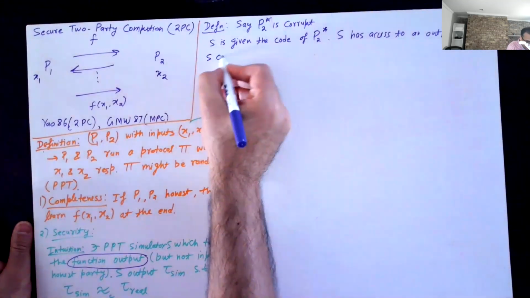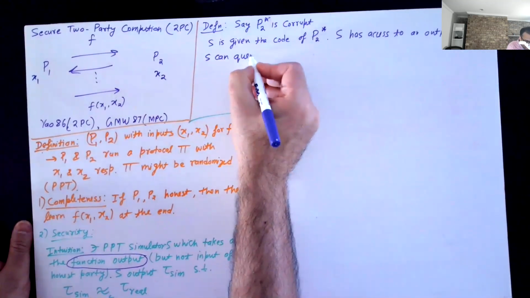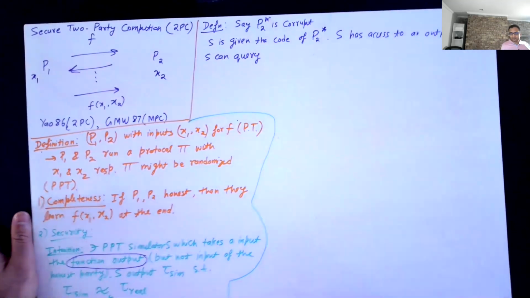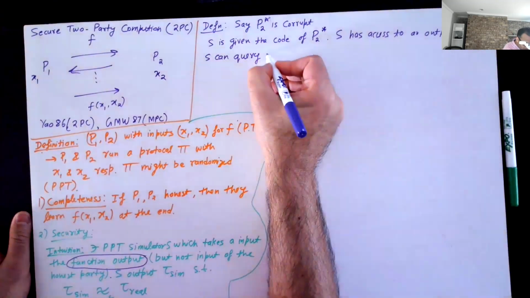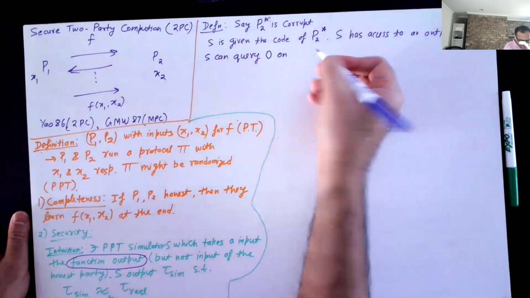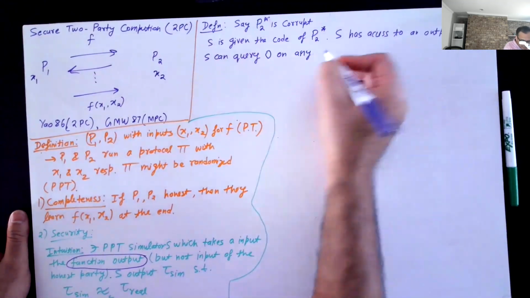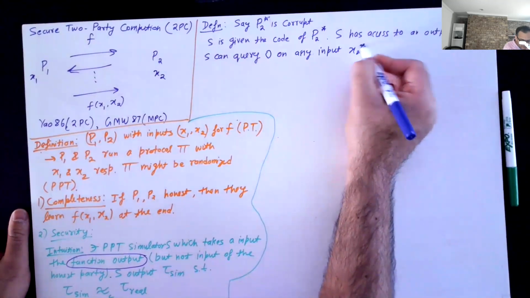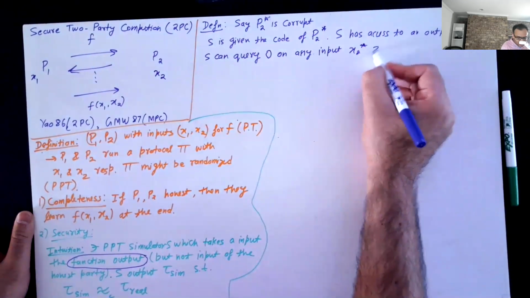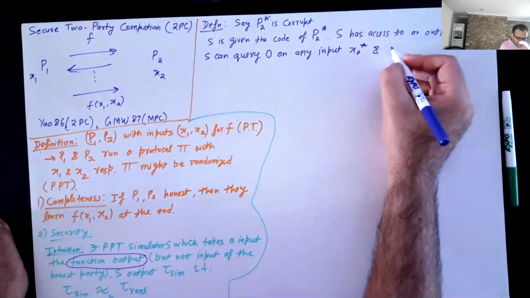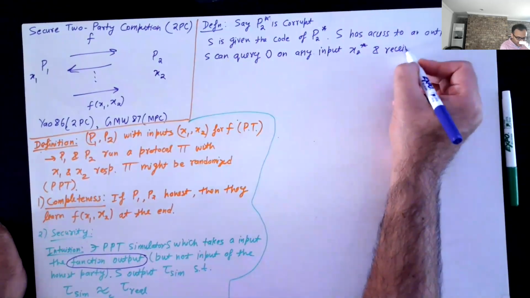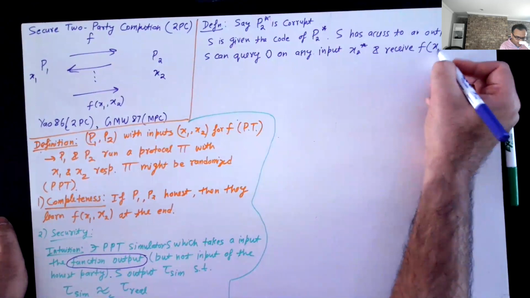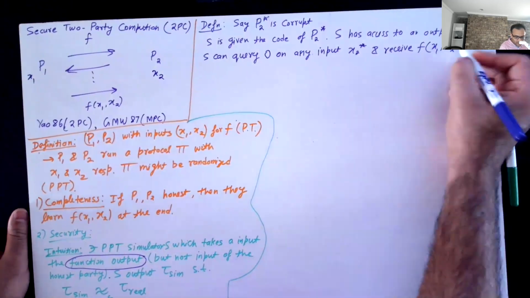Let's call the output oracle O. S can query O on any input x2 star of its choice, and S receives f of x1 comma x2 star.